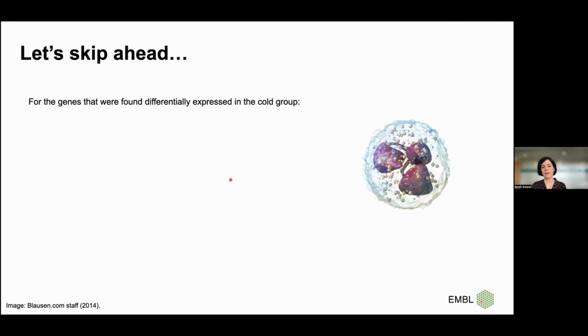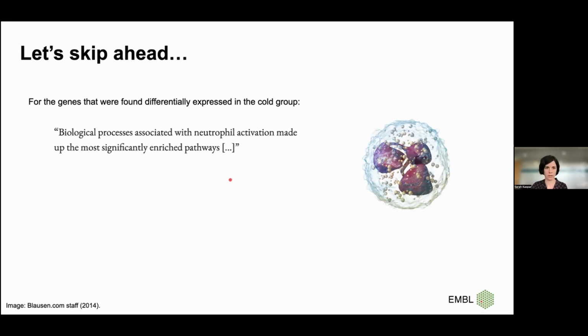And then they looked into this list and found a biological process associated with neutrophil activation in which unusually many of these genes from the candidate list were involved. So that's some kind of new hypothesis. Maybe the group that got the cold in the end had higher neutrophil activation, which is already some kind of immune response going on.